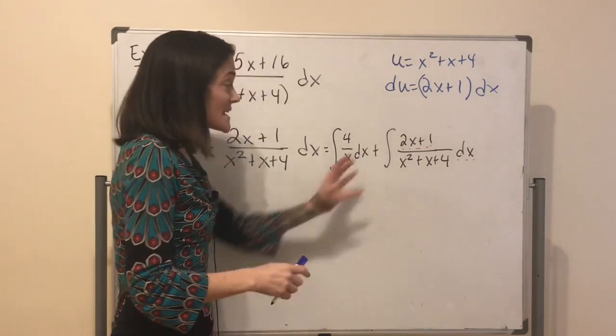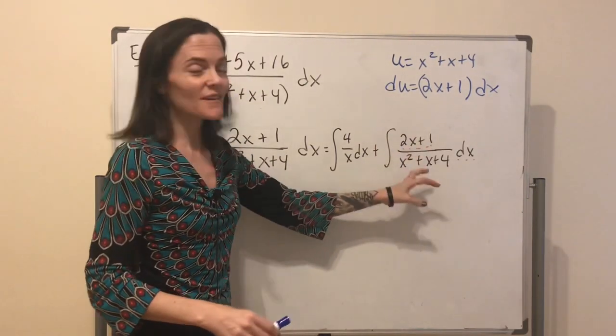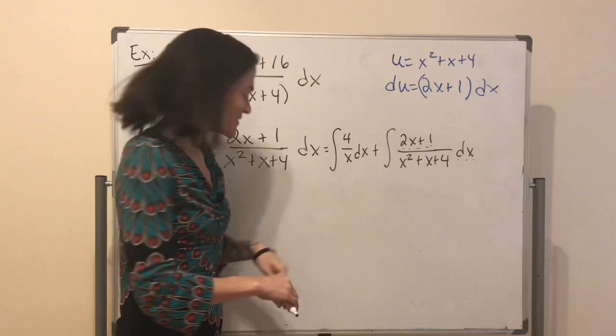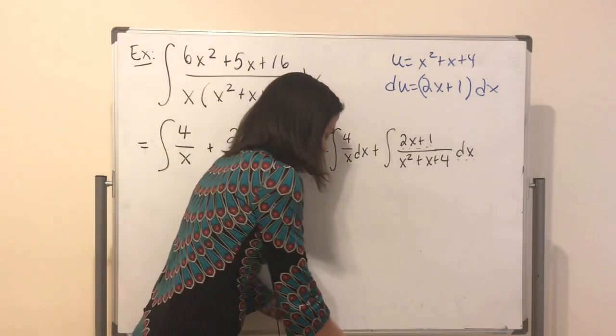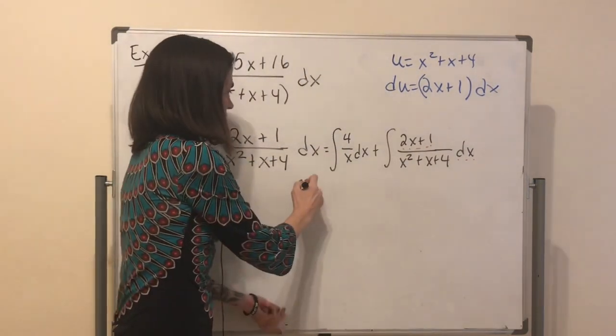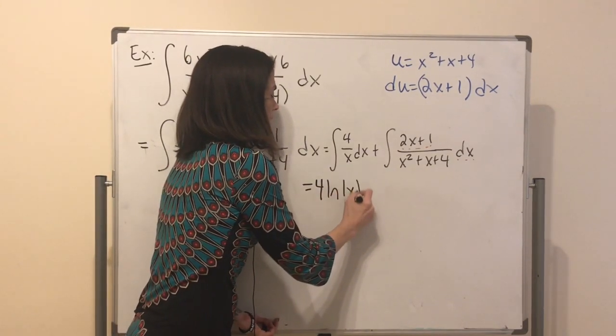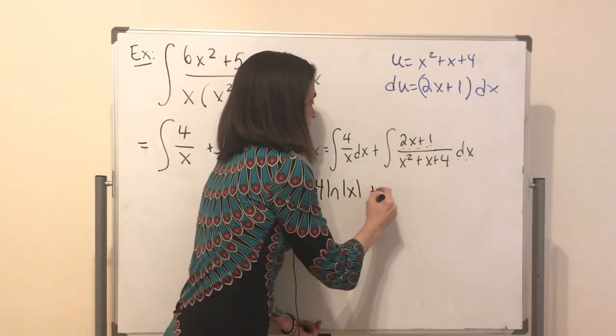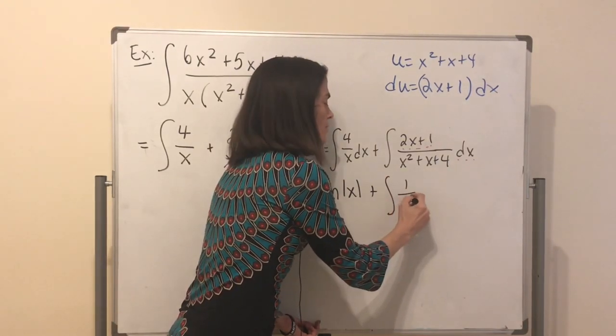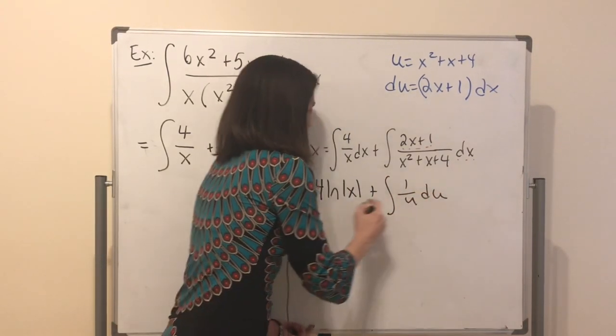So this integral is going to be the integral of 1 over u du. So let's write that. Well, first of all, I can evaluate the first. This is 4 ln absolute value of x. And then this is an integral, 1 over u du.